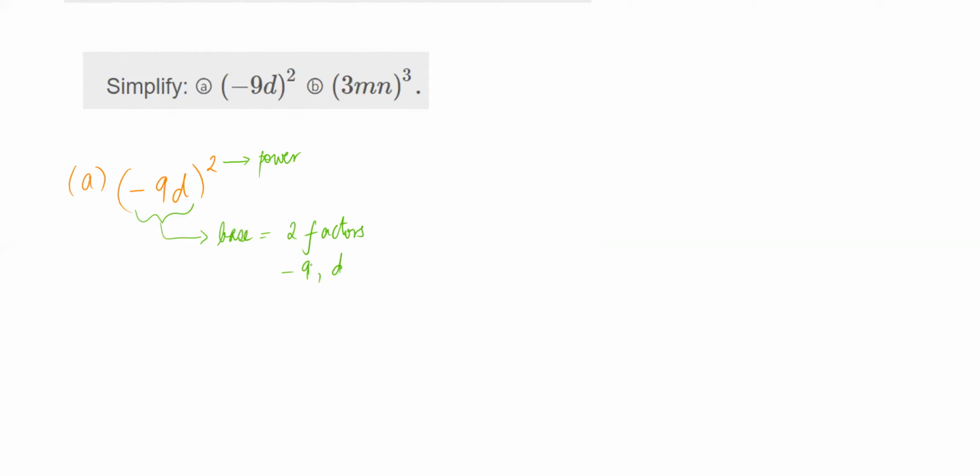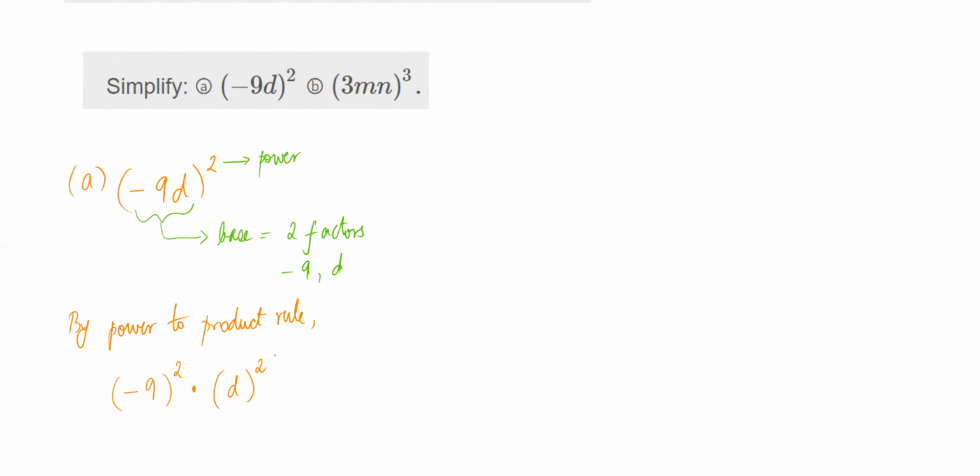So according to the power to product rule, the negative 9 gets the power 2 times the d gets the power 2. I like to put it in parentheses just to keep them collected.